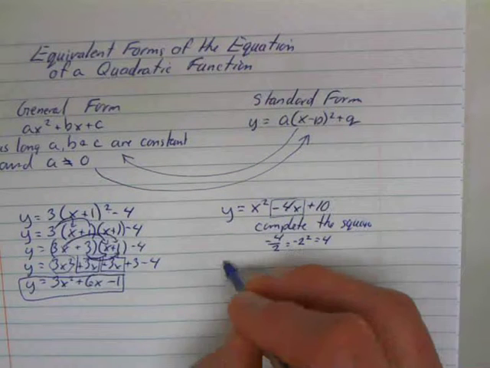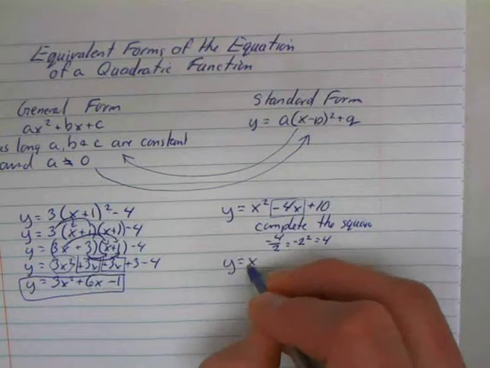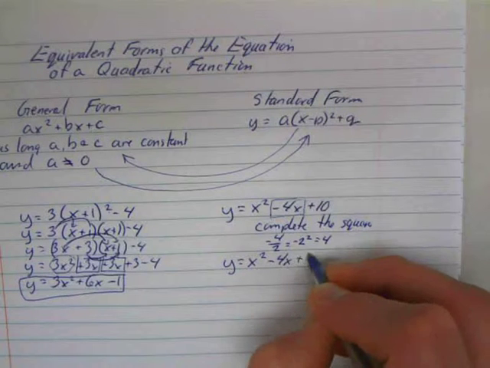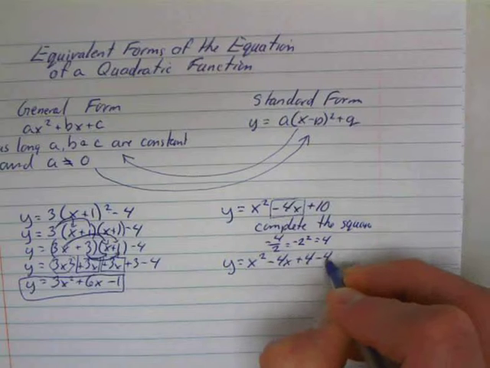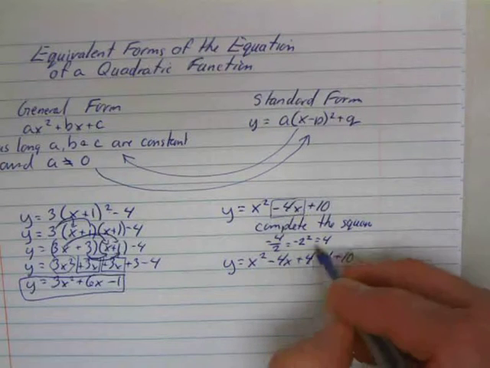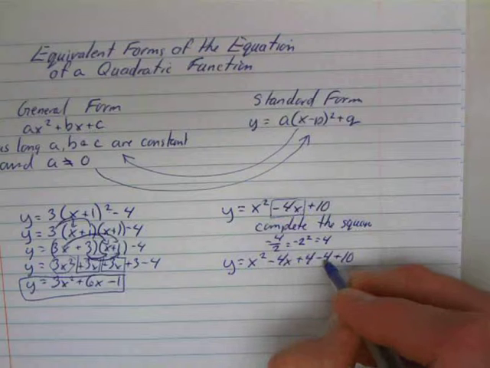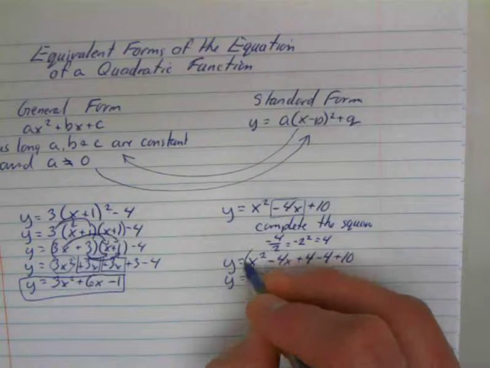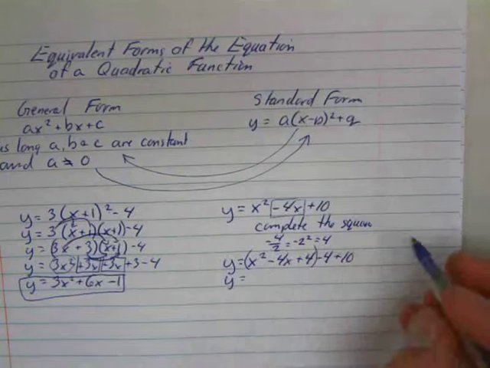I then go back and I plug in y is equal to x squared minus 4x plus 4 minus 4, because it's not really part of the equation up here, so we have to bring it in and also take it away. I then will focus just on the trinomial, those three.